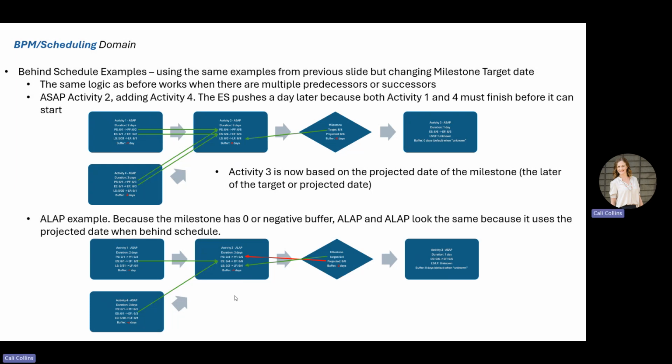There's also the as late as possible example down here. So for this one, previously, if you were as late as possible, or if you were ahead of schedule, you were pulling from the target date for your projected. This is where it changes around now. So now if you are behind, you are pulling from the projected date. So that's a difference in the calculation on your milestone.